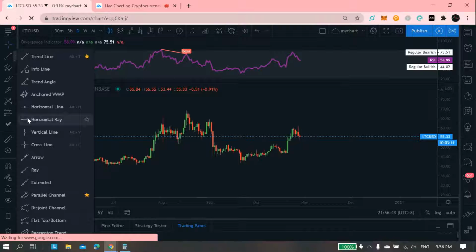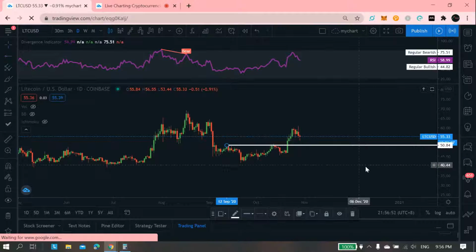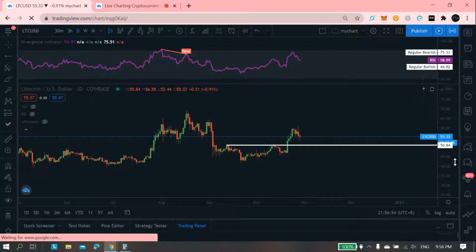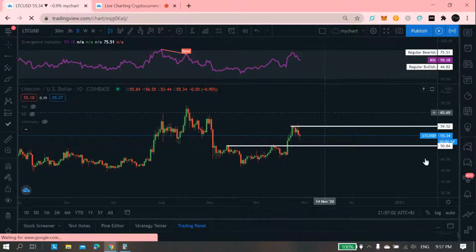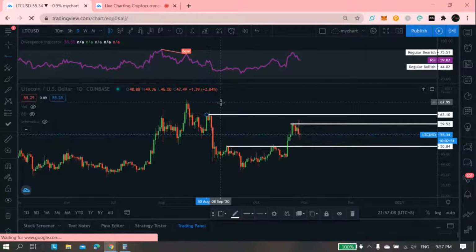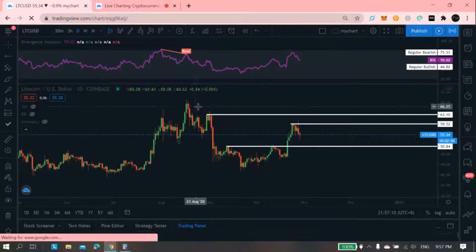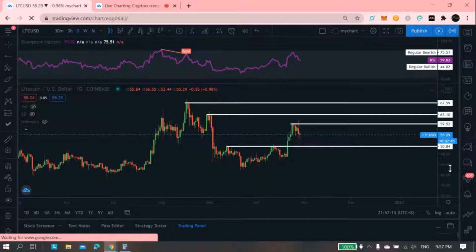at daily time frame, I'm looking at this area as a support around the $50. And then the resistance, I'm looking at the 59 area, and possibly it will retest this 63 area and then this area, the previous high of around the 68 area.